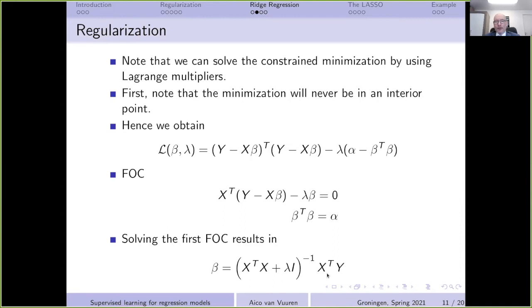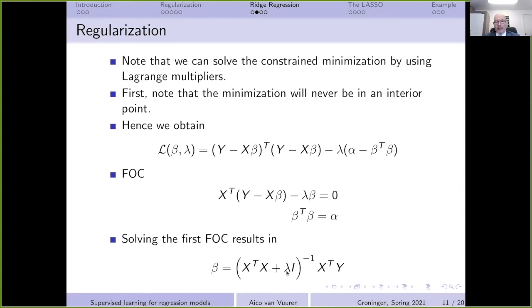Anyone who has ever seen the solution with respect to ordinary least squares before would immediately say, well, this is almost like the solution that we have with respect to ordinary least squares, which is that we always have X transpose X inverse multiplied by X transpose y. So more in particular, if lambda would have been exactly equal to 0, then we simply get the ordinary least squares result over here. Well, generally lambda will not be equal to 0.